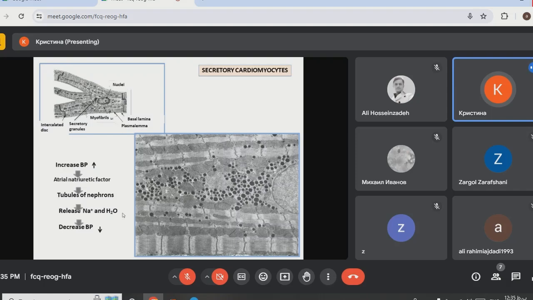So a lot of water is released from our body with urine. Urine is made from blood plasma, as you know. So if you release water with urine, it means that this water came from blood plasma. So the volume of blood plasma decreases. It means that the total volume of your blood decreases, and it leads to a decrease of blood pressure if you have a lower volume of blood in your blood vessels.